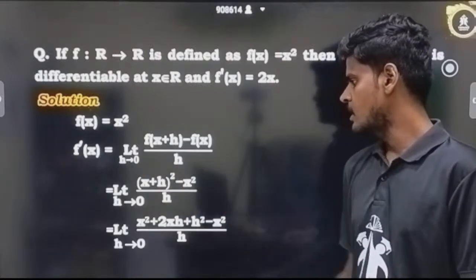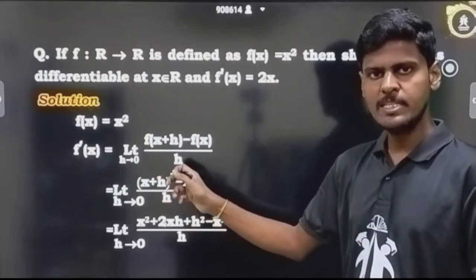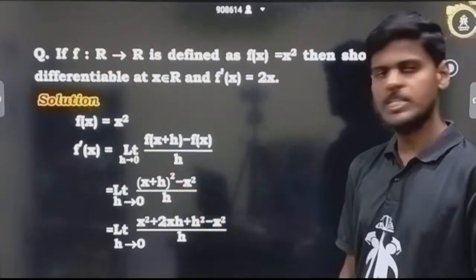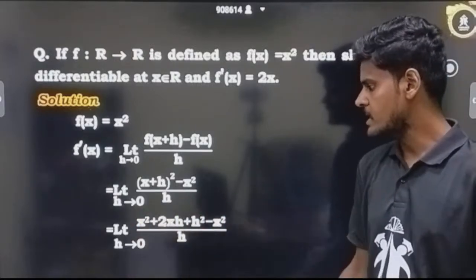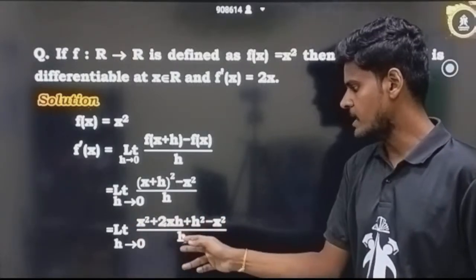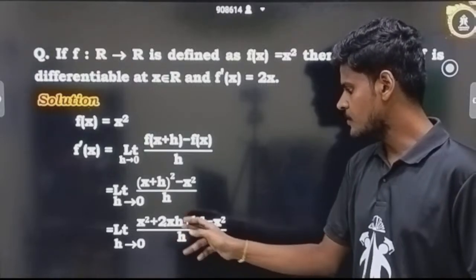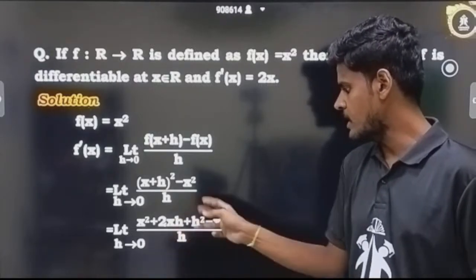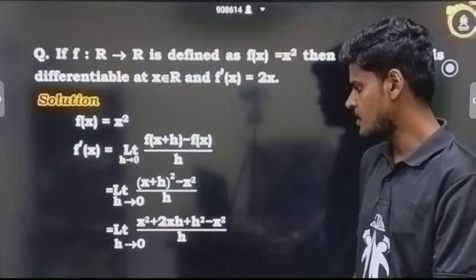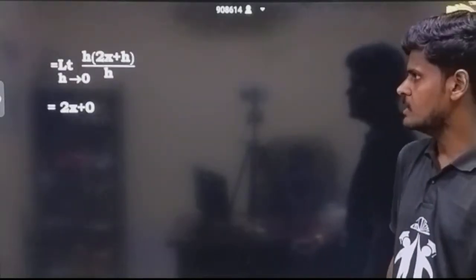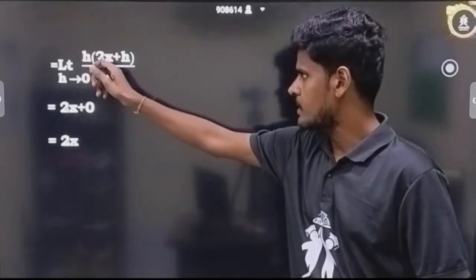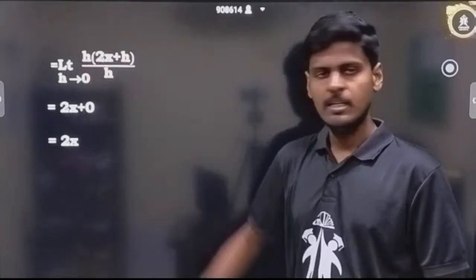Now expand this. (a plus b) whole square is a square plus 2ab plus b square. So it is x square plus 2xh plus h square minus x square. Plus x square and minus x square will get cancelled. And the remaining terms we have are h and h square. One h will get cancelled. So this value becomes 2x plus h. Do you understand? Easy. So this is nothing but 2x plus h.